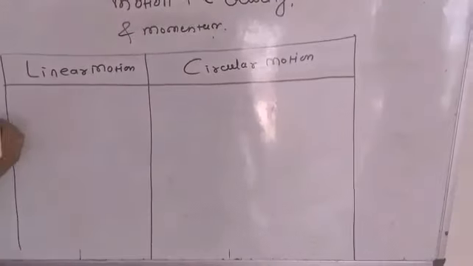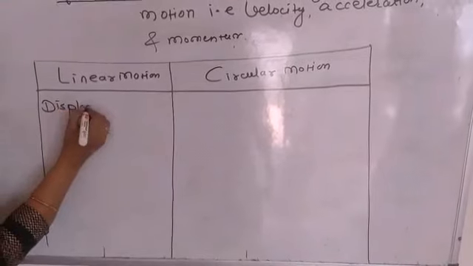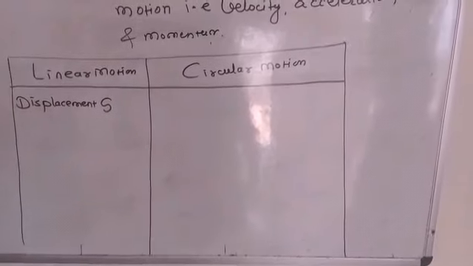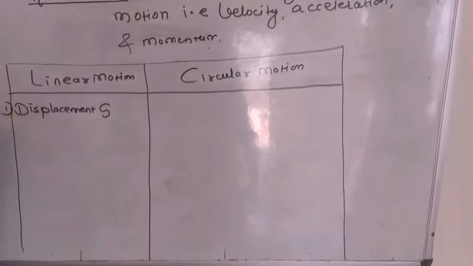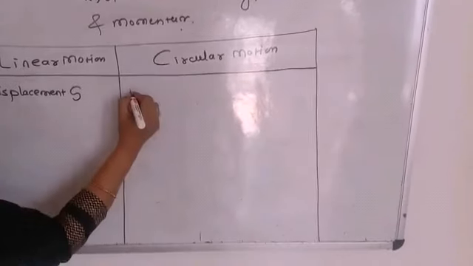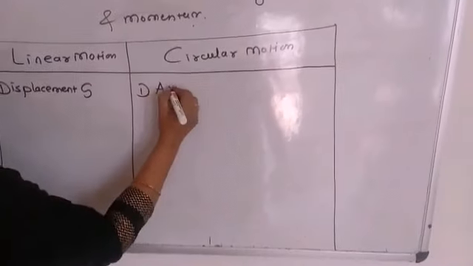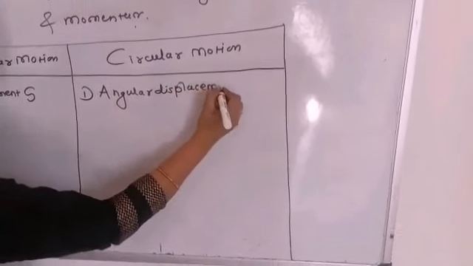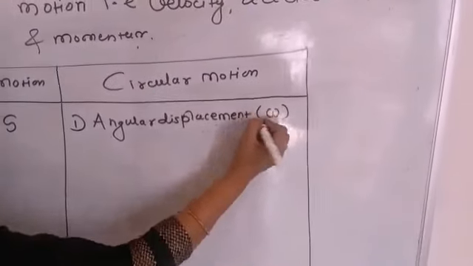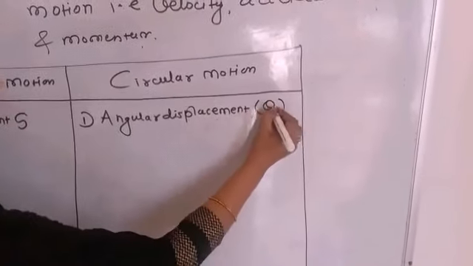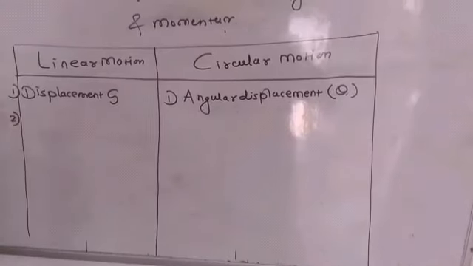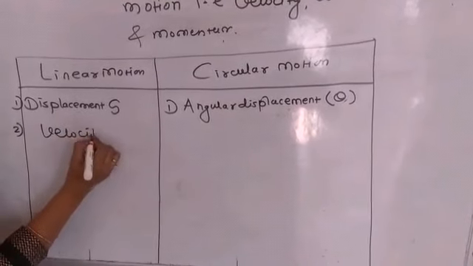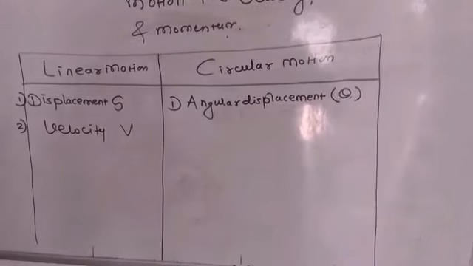In linear motion, displacement is represented by S, and in circular motion, this is the angular displacement, which is represented by theta here. Second quantity in linear motion, that is velocity, which is represented by V here.